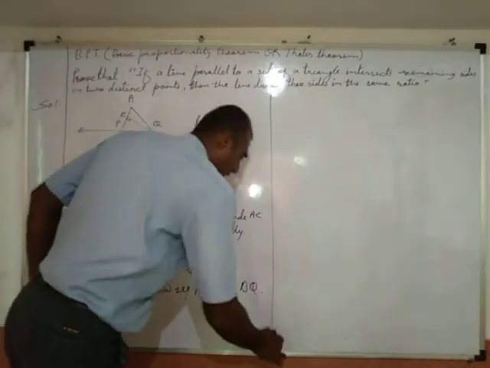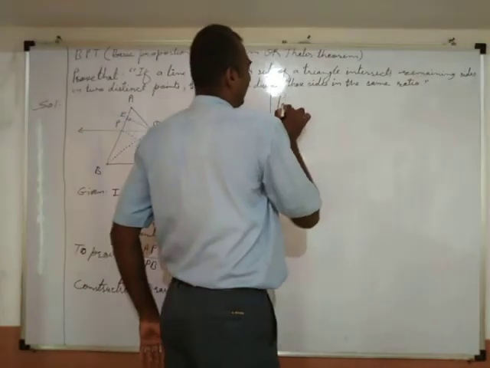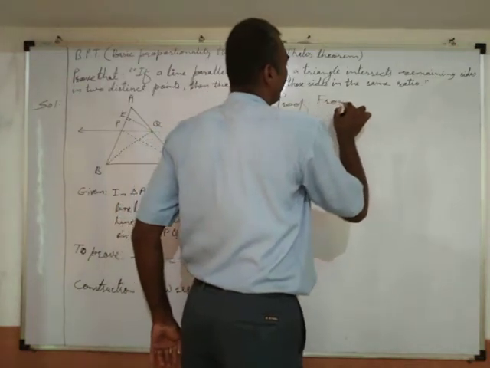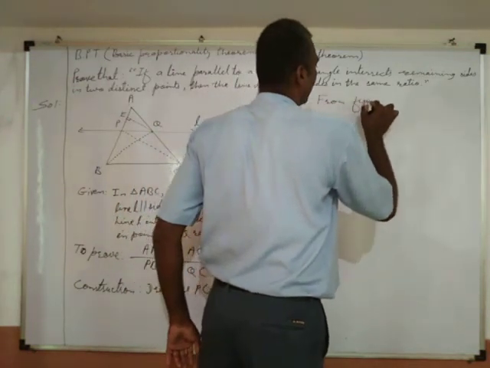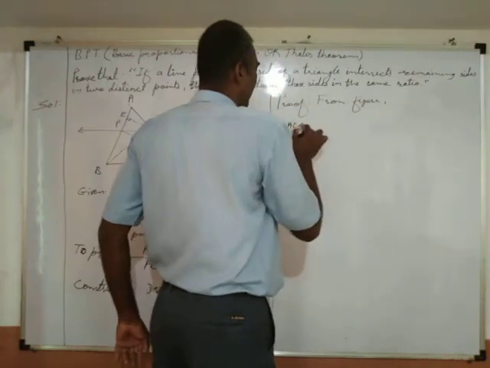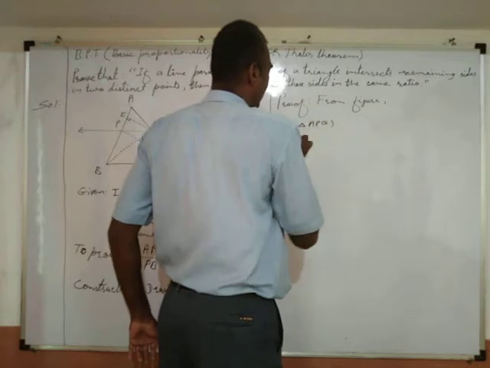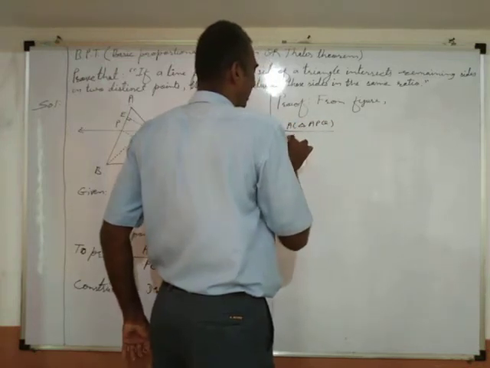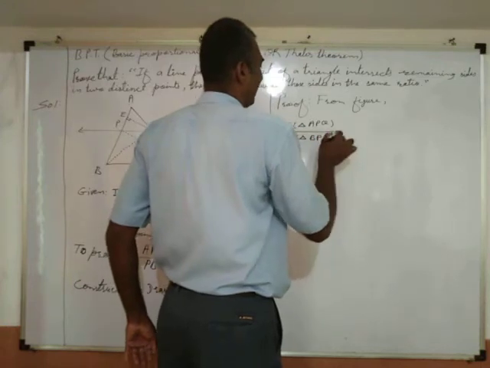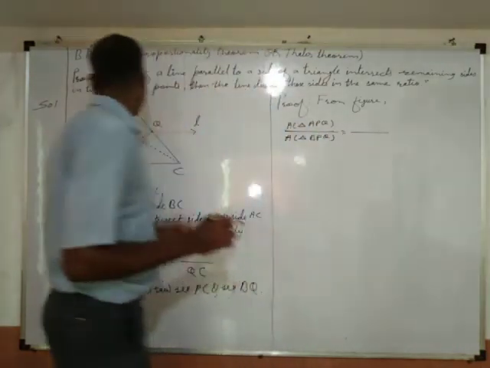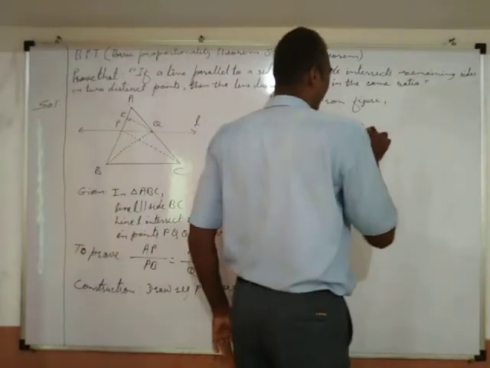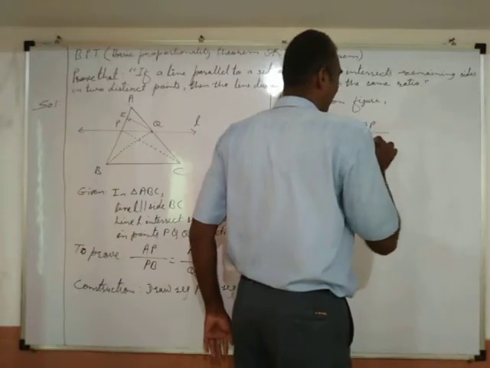Now let's mention these things in a proof. From figure, area of triangle APQ upon area of triangle BPQ equals AP upon PB.